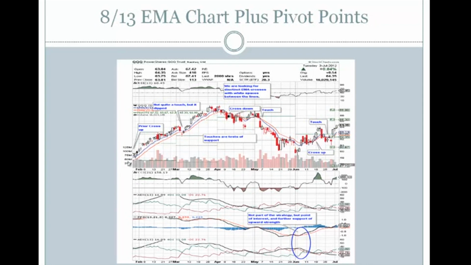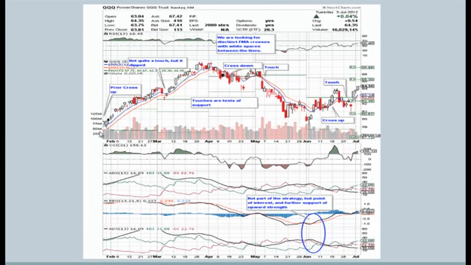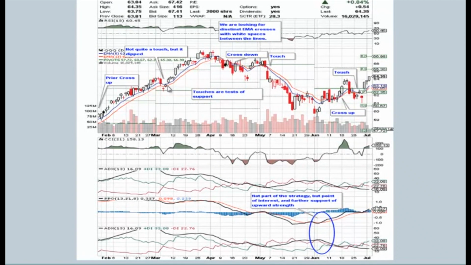So down here, before the time frame on this chart, there would have been a cross up of the 8 over the 13, and here is an area where you can see there was some price drop, but the 8 did not cross over the 13. It just was a test of that support line.